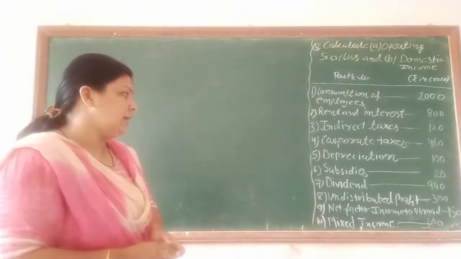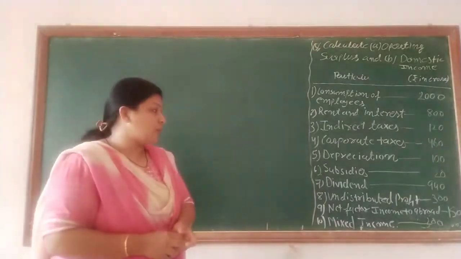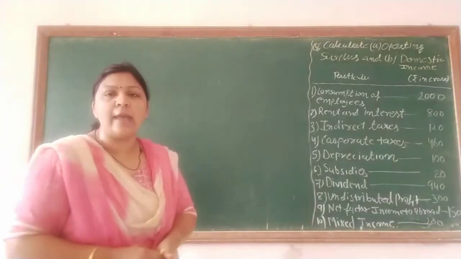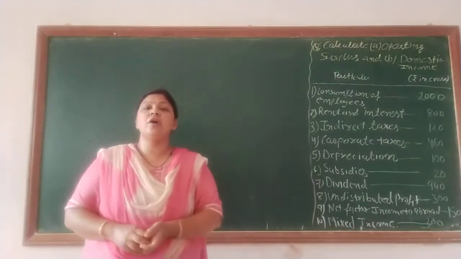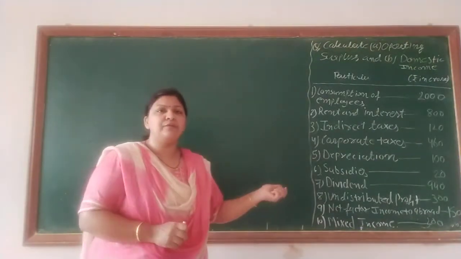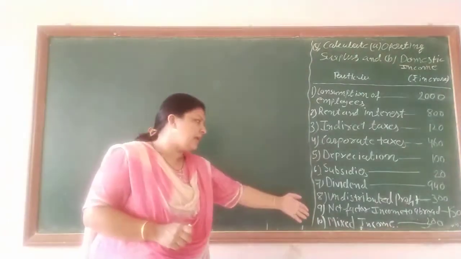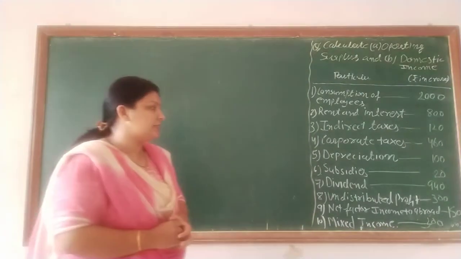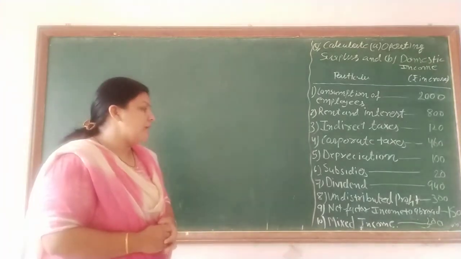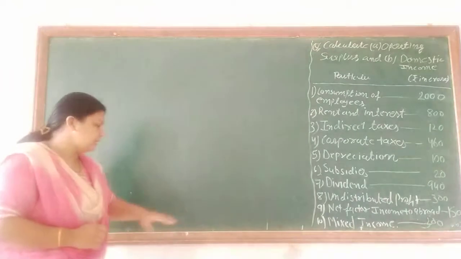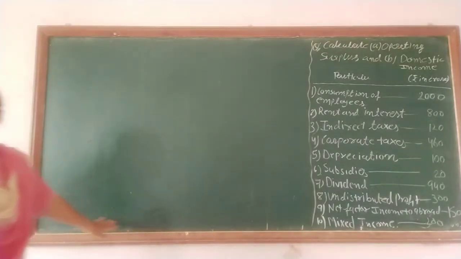Dividend 940. Undistributed profit 300. Net factor income to abroad, that is NFIA, is 150, and mixed income is 200. Now let's start our numerical.